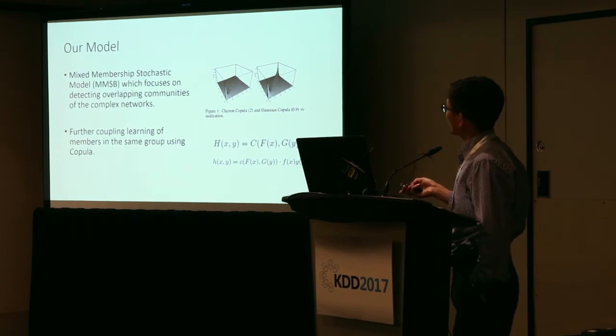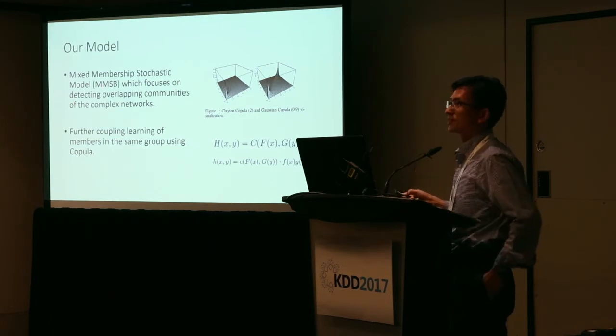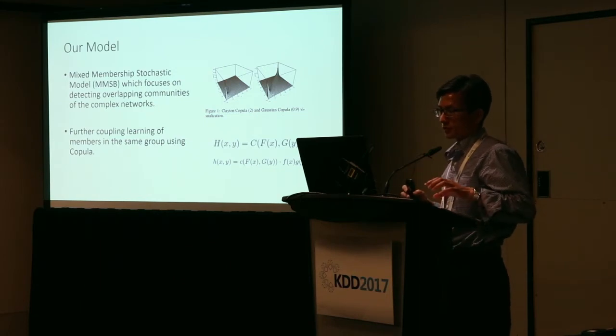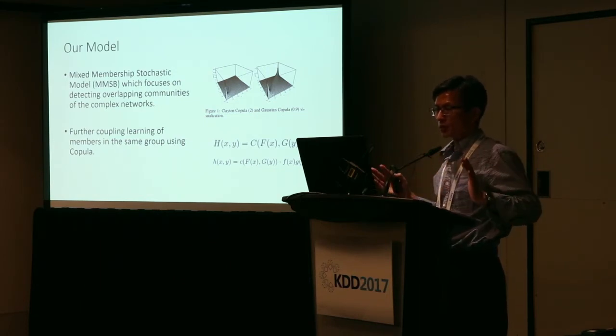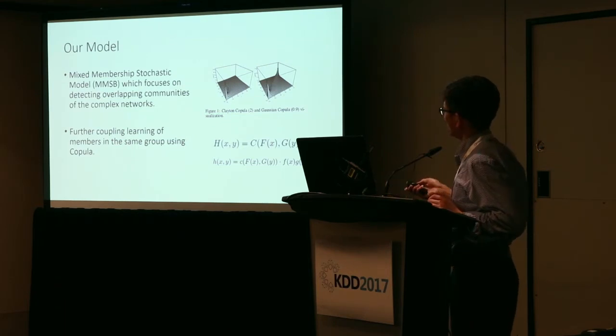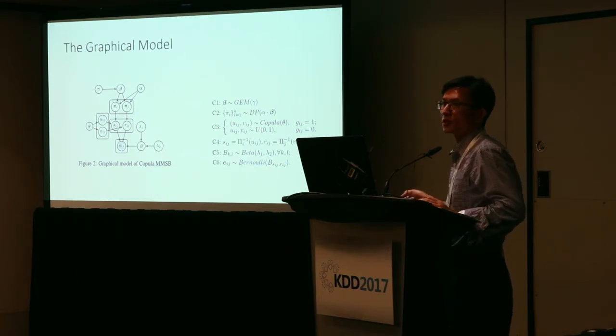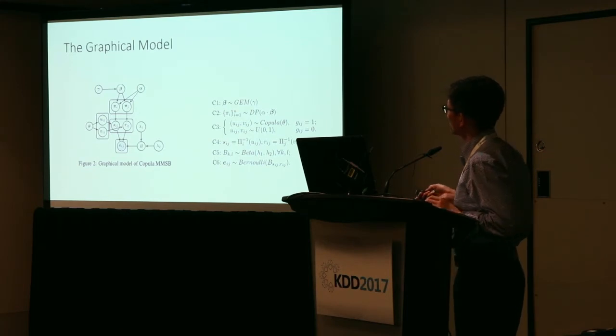Then there is MMSB, which detects overlapping communities, either for a fixed number of communities or an infinite number. In our case, we consider the infinite case. The graphical model is like this. For nodes i and j, there is a parent beta, which follows a so-called stick breaking construction process.